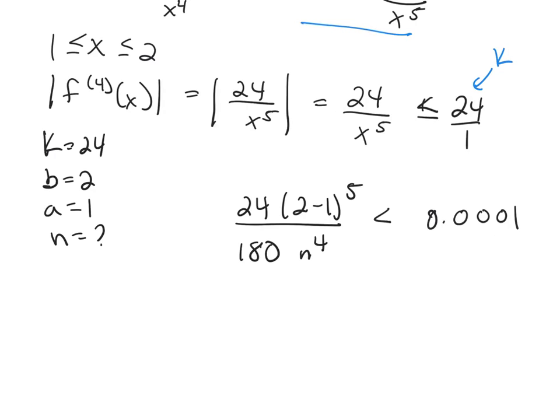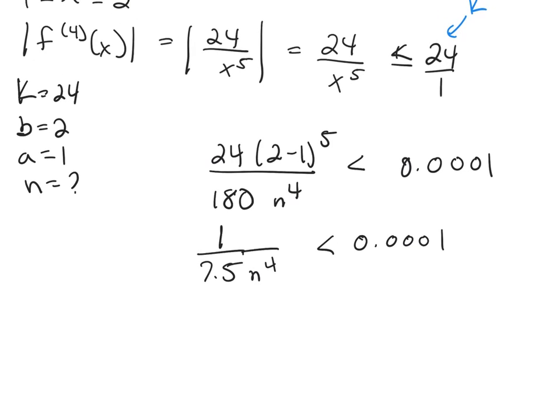So that 2 minus 1 becomes a 1, and 1 to the fifth is just 1. I can simplify the fraction 24 over 180, and you're going to get 1 over 7.5 by taking 180 and dividing by 24.